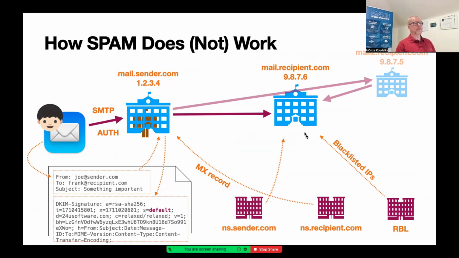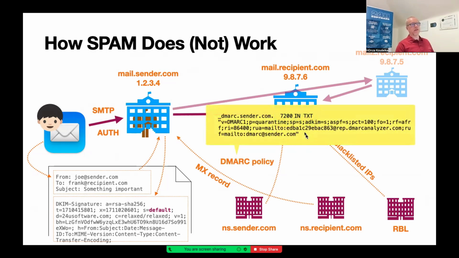If it's not on the blacklist, the next thing that happens is it checks the sender's DNS records and does some checks about the email that is coming. The first thing it tries is to look up what is called a DMARC policy.